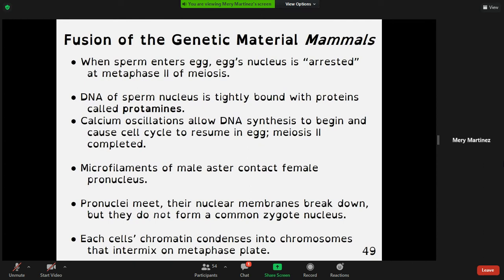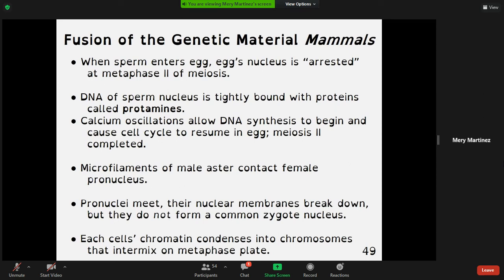The pronuclei start migrating to one another, as we saw in the previous with the sea urchin. Okay, and then they're going to start approaching one another. When the two pronuclei meet, their nuclear membranes will break down, but they do not form a common zygote nucleus, as we saw in the sea urchin.